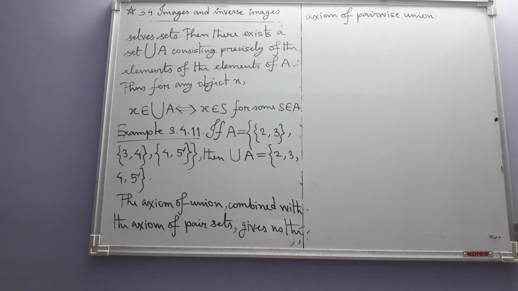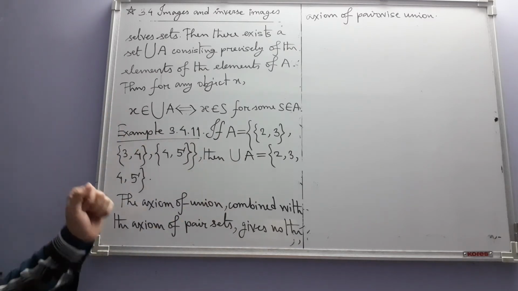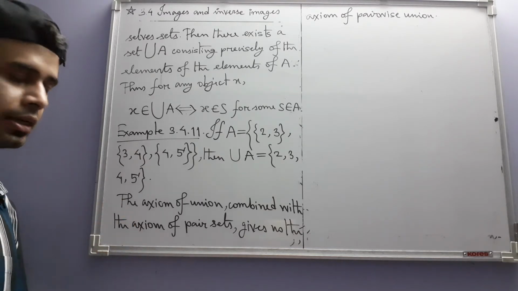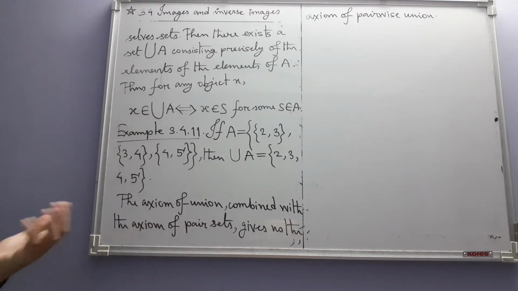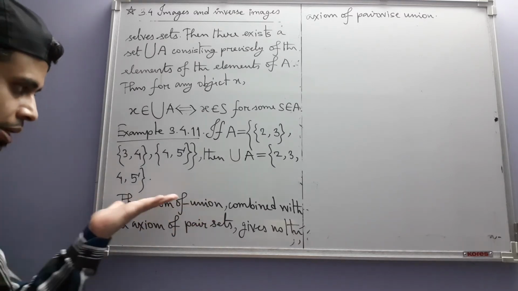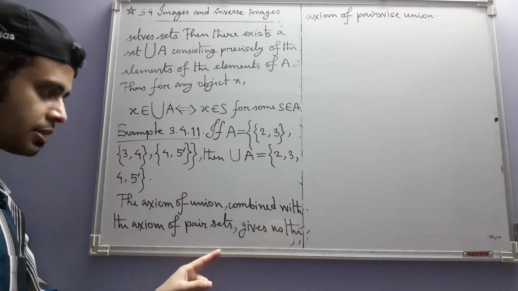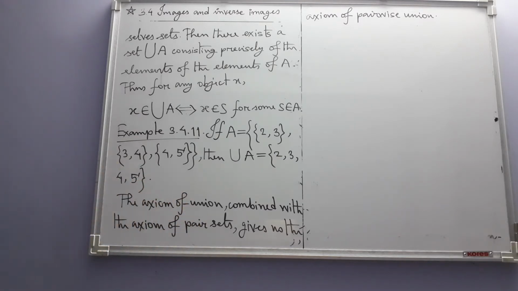We have already seen this type of thing happening before. We have also mentioned in the beginning itself that the list of axioms that we have accumulated is an overcomplete list. It may be the case, and it is the case, that some of the axioms are consequences of other axioms. So for example, here if we combine the axiom of union, which we have now seen, with the axiom of pair sets, then we get the axiom of pairwise union as a consequence.